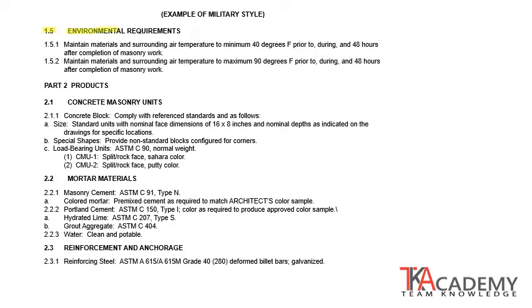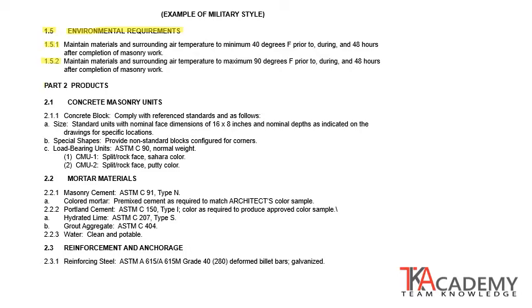In this case, it is environmental requirements. Then the subsequent subparagraph is 1.5.1, which is the parent number of the paragraph, and then 1, which is the first subparagraph of that paragraph, environmental requirements. 1.5.2 is the second subparagraph of paragraph 1.5, environmental requirements.